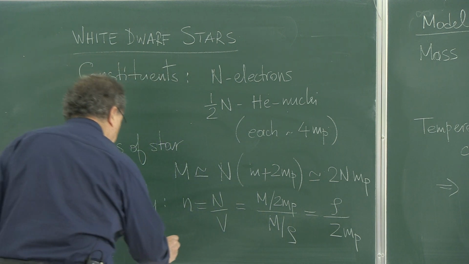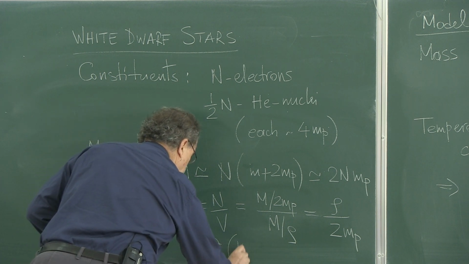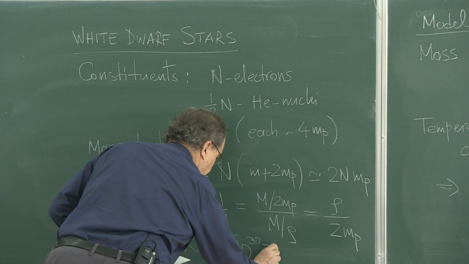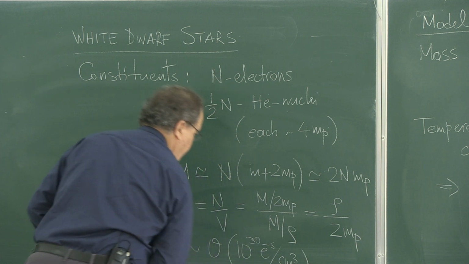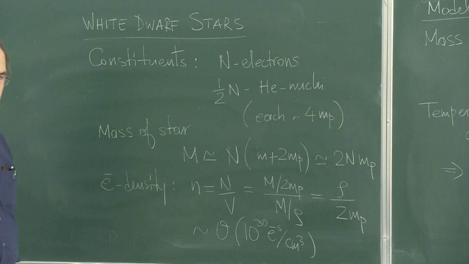This is of the order of approximately 10 to the 30 electrons per centimeter cube. A lot of electrons per centimeter cube. Okay?